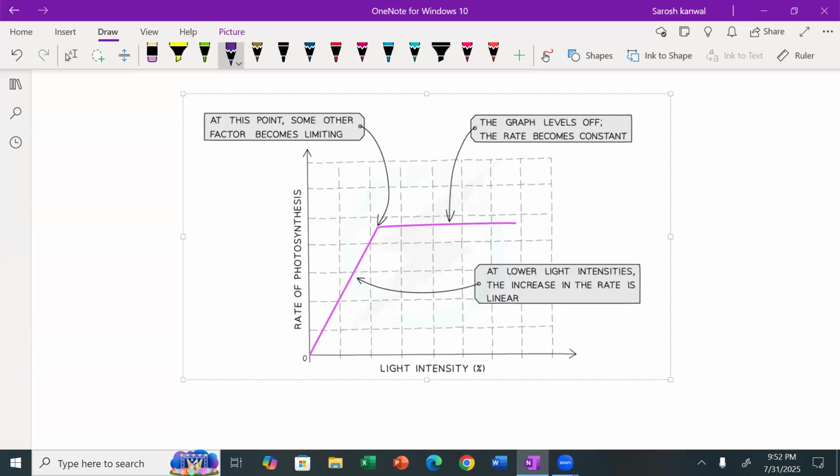At this point, some other factor becomes limiting, and here the graph levels off as the rate becomes constant. And here, at lower light intensity, the increase in the rate is linear. That means more light intensity and more rate of photosynthesis, right?